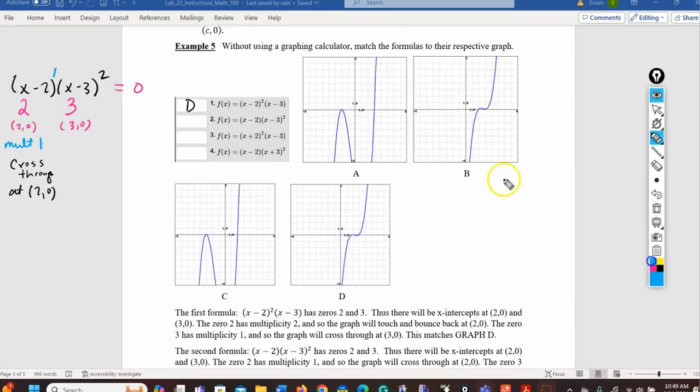Here, our multiplicity is 2. It has even multiplicity, so it's going to touch and bounce back at 3, 0. So I want crossing through at 2 and touching and bouncing back at 3. And so this one seems to fit B.